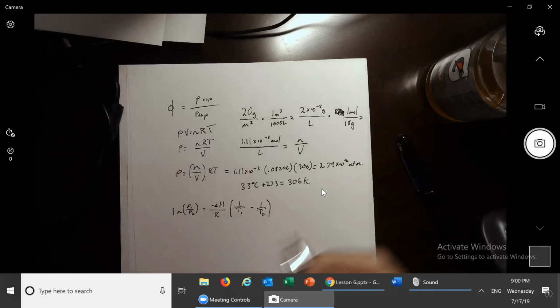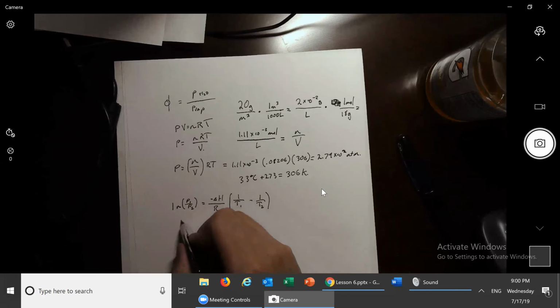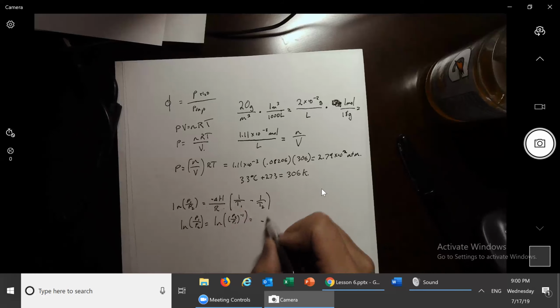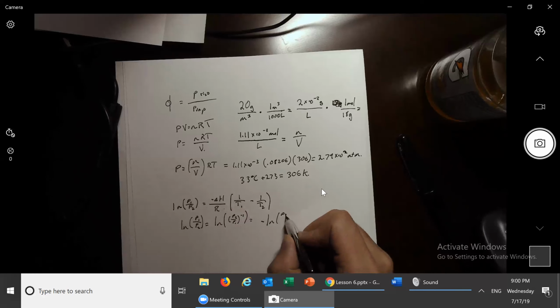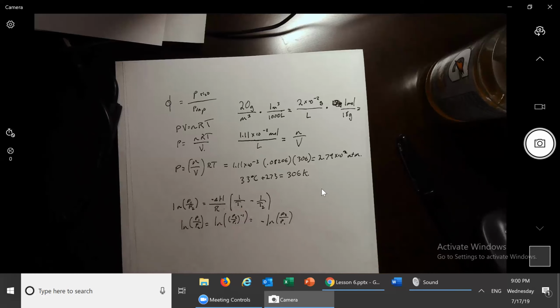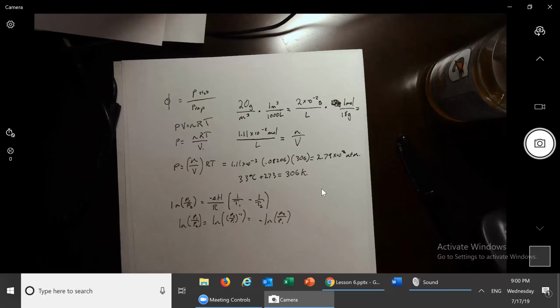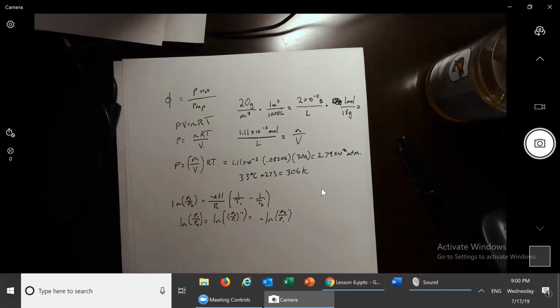This works because ln P1 over P2 equals ln of P2 over P1 to the minus 1, which equals negative ln P2 over P1, right? So does everyone see why this equation is legit? Okay, so we use this equation.